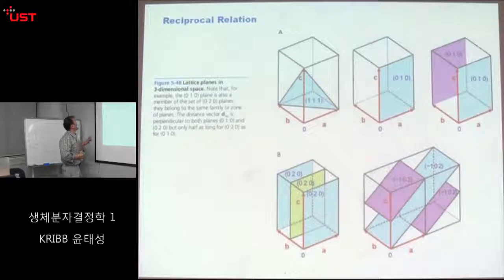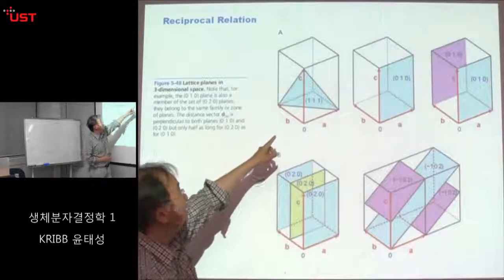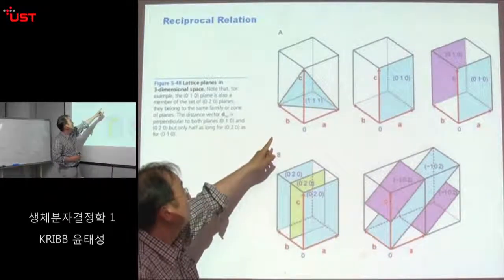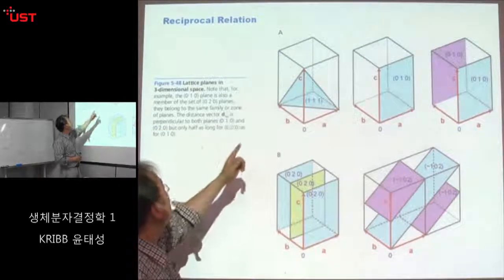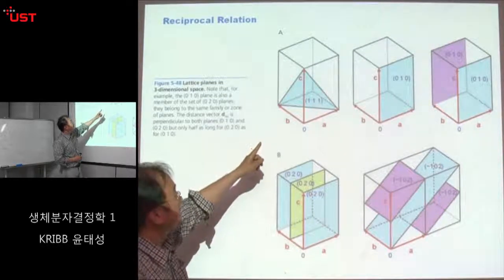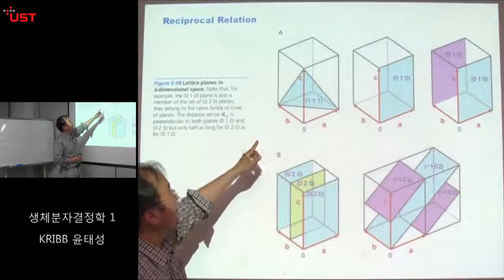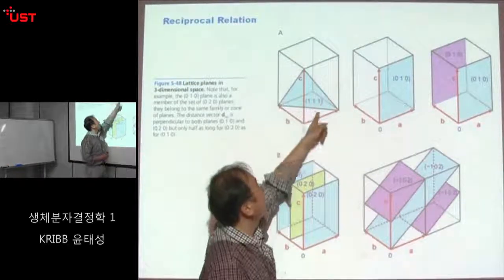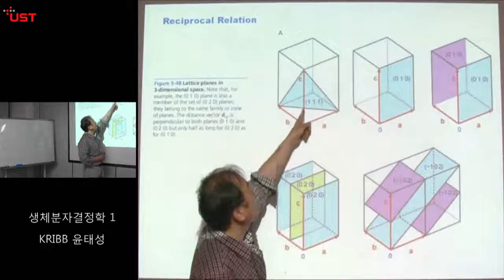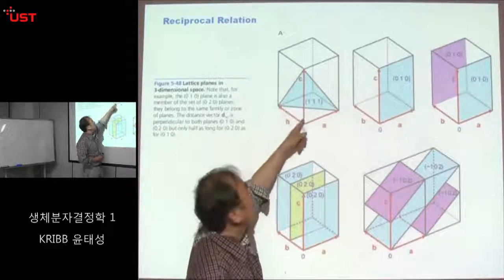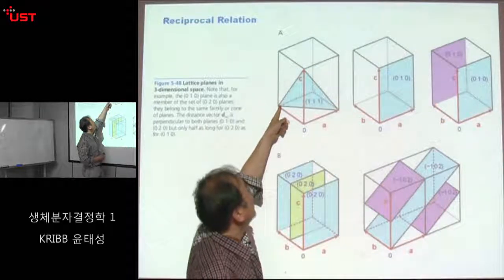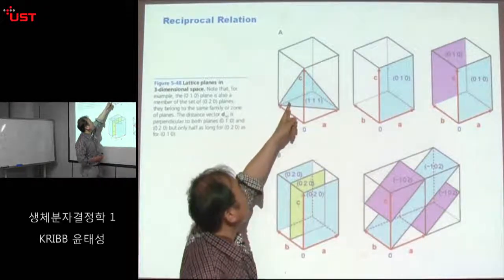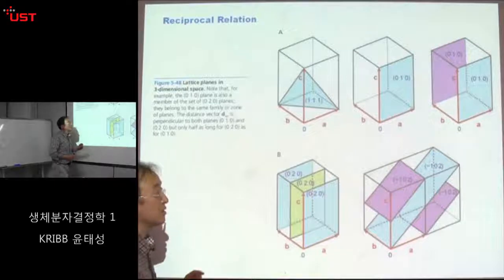This is not a vector. This is a plane. This is a vector, another vector, another vector, 3 vectors. At the end of each vector, or each position, we define a plane.